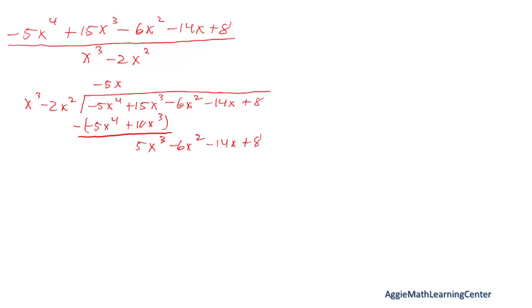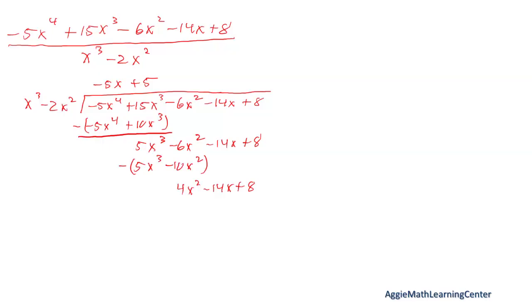Now if I do this again, I would add a 5, because 5x cubed goes into x cubed 5 times. Then 5x cubed minus 10x squared. Subtract off that whole term, and you get 4x squared minus 14x plus 8. That's the remainder.